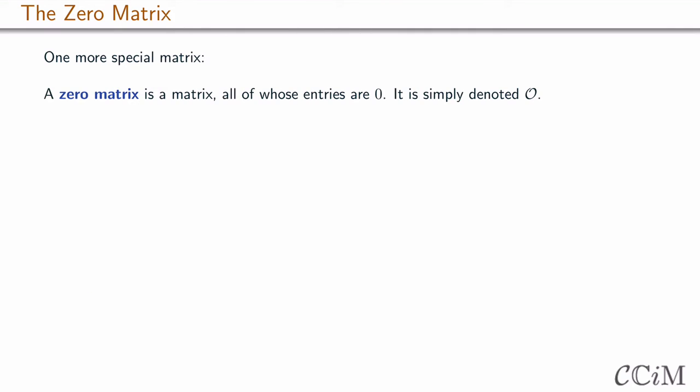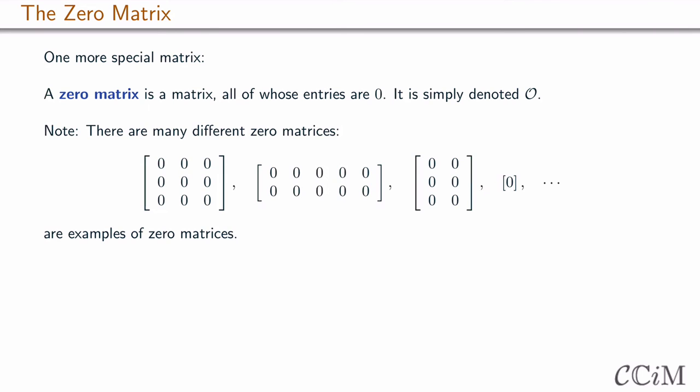There's one more special matrix, which is a 0 matrix. That's a matrix, all of whose entries are 0. It's simply denoted with a kind of curly 0 right there. So there are many different 0 matrices depending on the size, and the 0 matrix does not have to be a square matrix. The first example here is a square matrix. It's a 3 by 3 0 matrix, but the next one right here is not square at all.